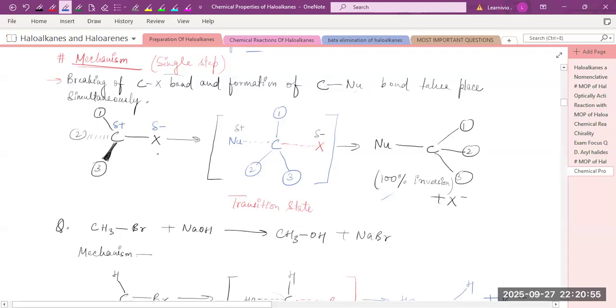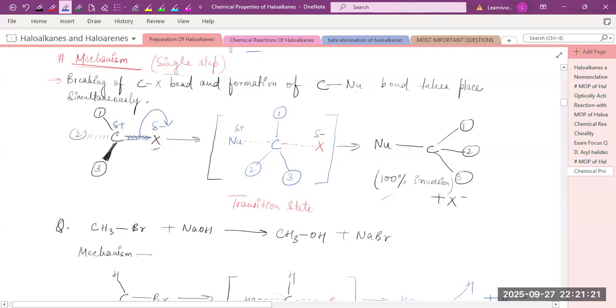So X is the electronegative element. X क्या है? Halogen is the most electronegative element. तो ये क्या करेगा? It will try to pull the electron density towards itself. When it pulls the electron density towards itself, it will be the leaving group, और यहाँ पे क्या होगा? Electron density कम हो जाएगा carbon के पास. So once the electron density reduces at this carbon, it will acquire partial positive charge.